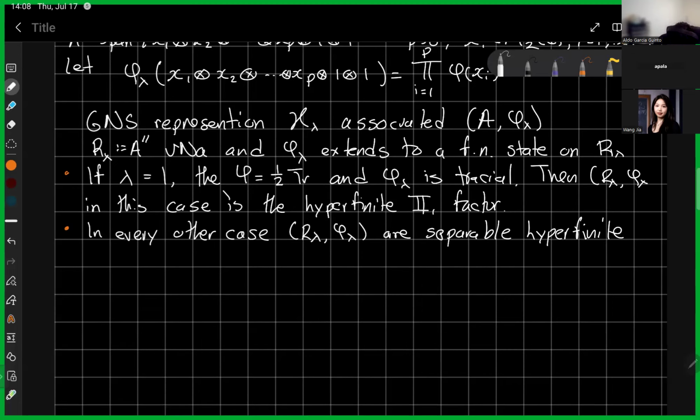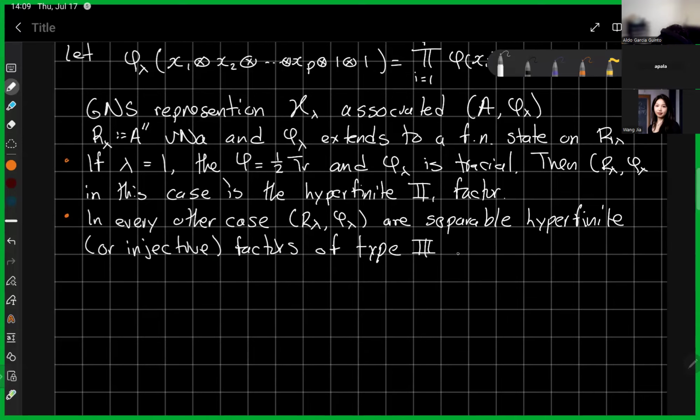In the context of type III von Neumann algebras, these are factors of type III, which are called the Powers factors.